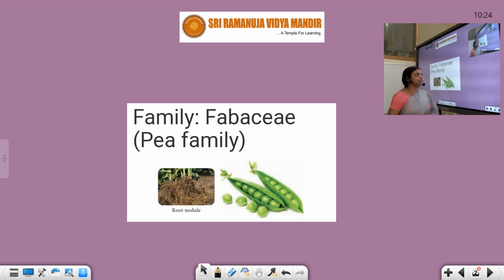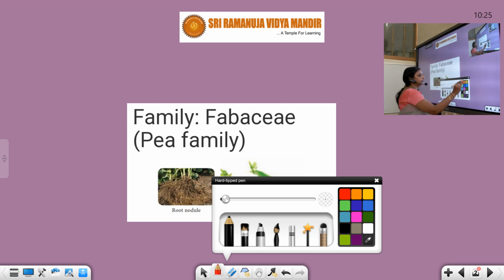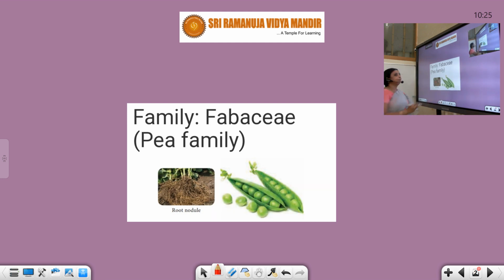So today we are going to see the family Fabaceae, also known as the pea family. Earlier, this was known as Papilionaceae or Papilionadae. The suffix of the family name should be in the -aceae form, so it became Papilionaceae.